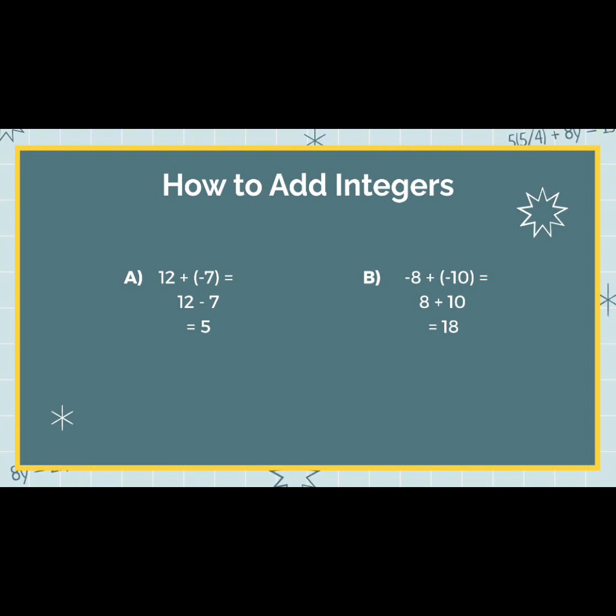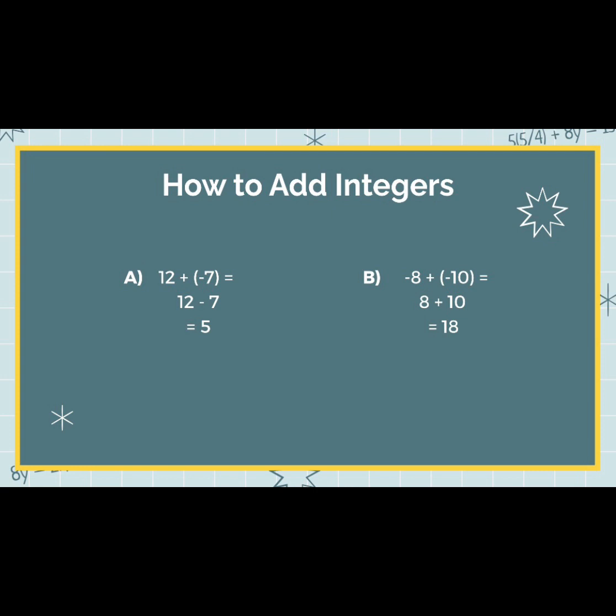Now we need to determine if our answer is going to be negative or positive. So we need to take a look at the larger absolute value, which is this 12. So we take the sign of the larger absolute value from the original problem. Let's take a look at the 12 in the original problem. And that 12 is positive.